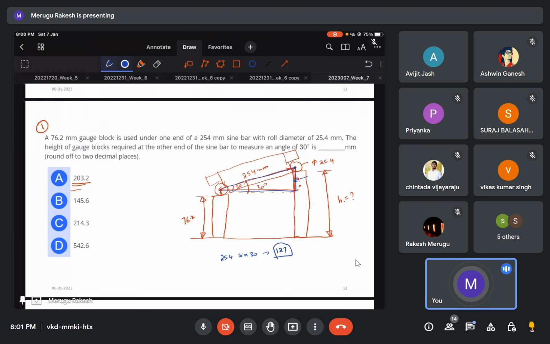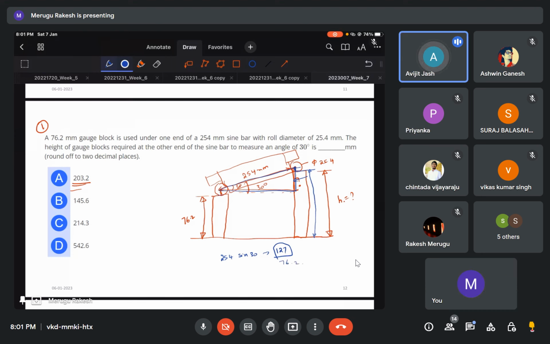Okay. Then later it is straightforward. So this is 127, and we need the height from here. How much do you have to subtract? Okay, no need to subtract. Directly you can add, because we have this R value here as well as here. So you can just add this directly, 76.2.